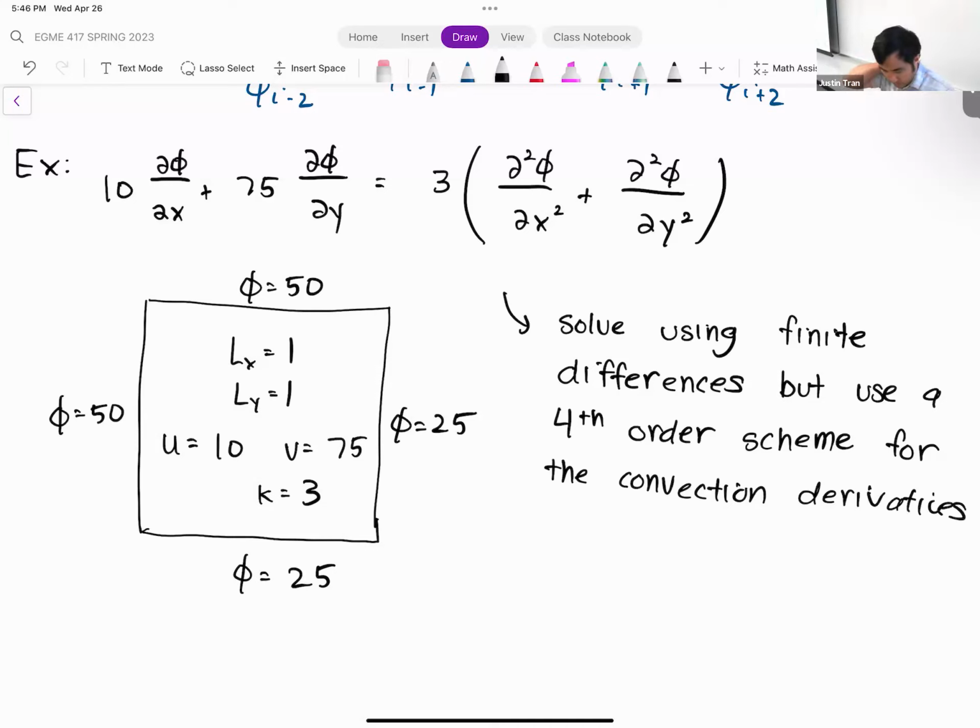For the diffusion derivatives, we're just going to use our usual scheme. So we're not going to do anything special for it.